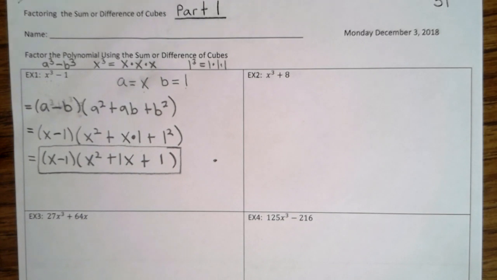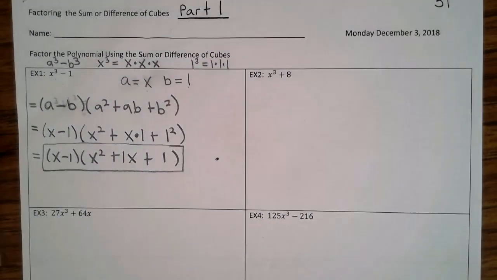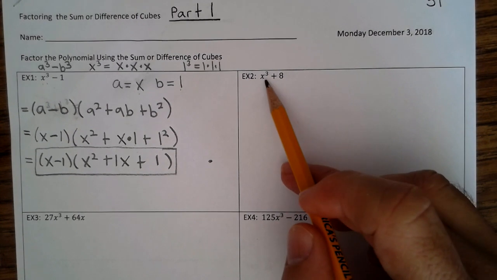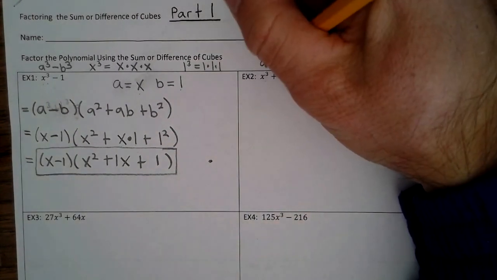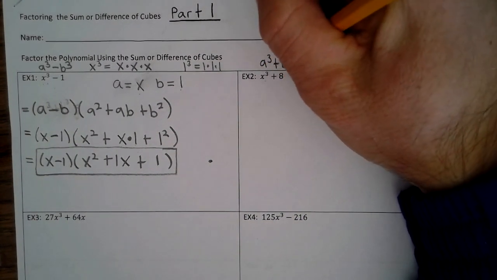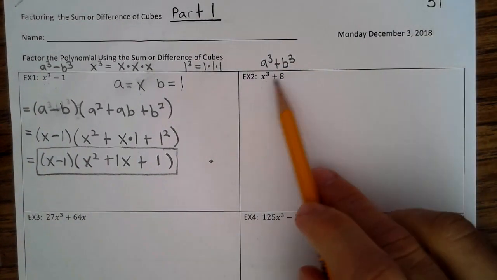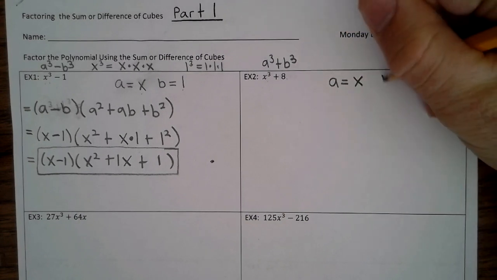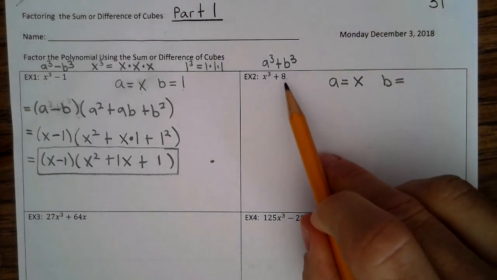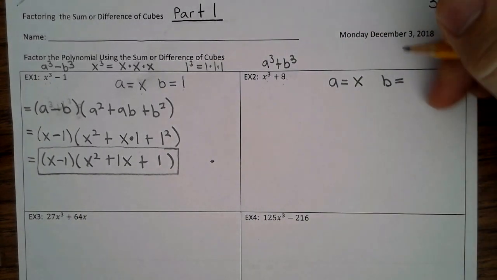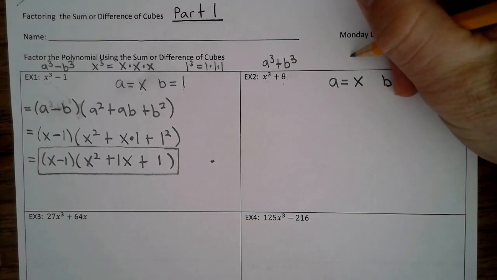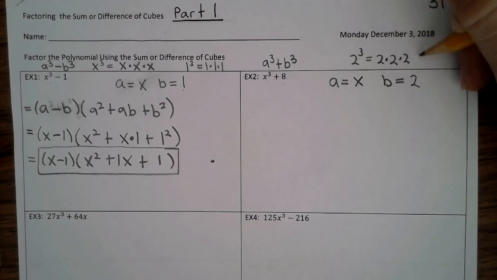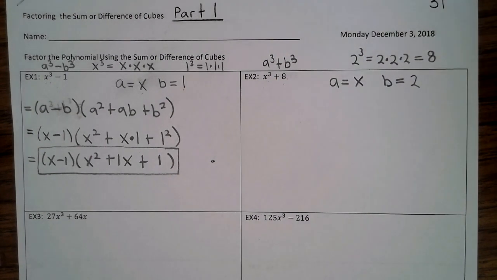Okay, let's take a look at example 2. You see here you have x cubed, so here we have a cubed plus b cubed. We need to find out what a and b are. a is x, and for b you ask yourself, what cubed gives you 8? Well, it's 2, because 2 cubed is 2 times 2 times 2, which is 8.